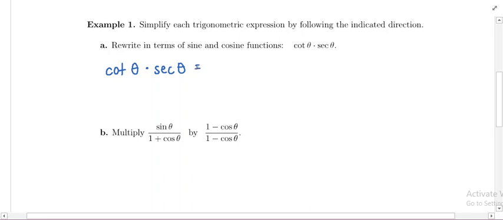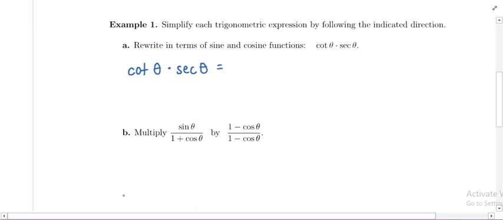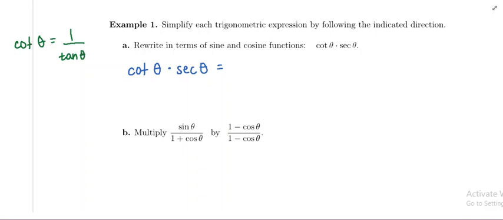What do you know about cotangent of theta? I'm going to come out to the side over here. We know a couple of things about cotangent of theta. We know that the cotangent of theta is 1 over the tangent of theta, and we could use that to replace it in the expression. However, that's going to put a tangent in our expression, and we want sines and cosines, not tangents.